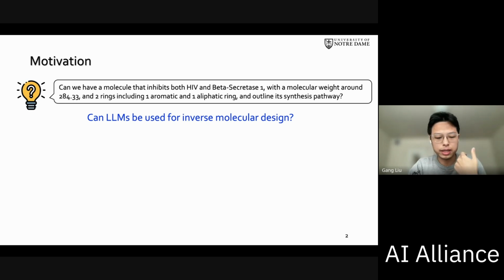Typically, in previous studies, researchers have already done some work on how to translate chemical names to chemical structures. But in inverse molecular design, the challenge is that, as we can see from the question, we don't know exactly what the chemical name or the chemical structure is. We only have a rough idea about what the molecule property is and what the molecule may look like.